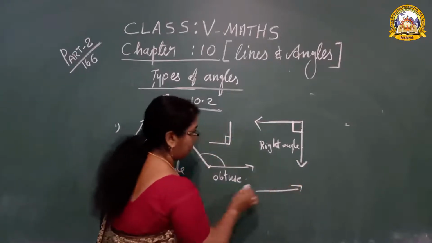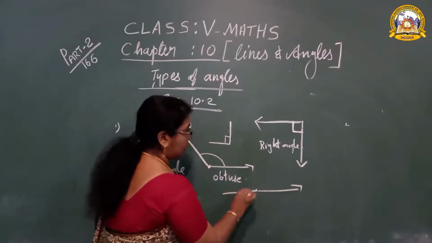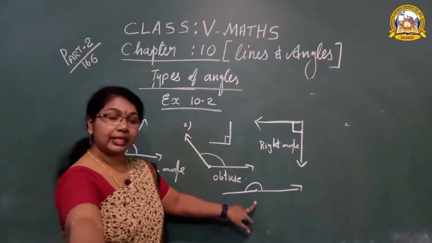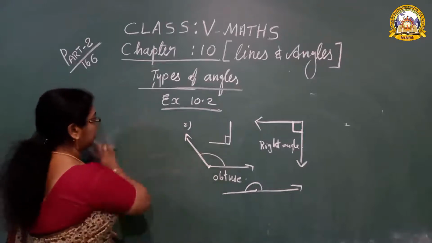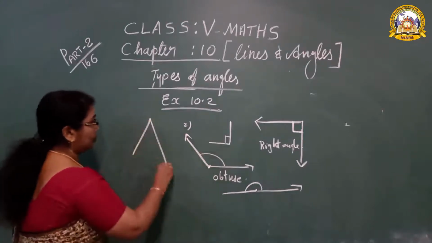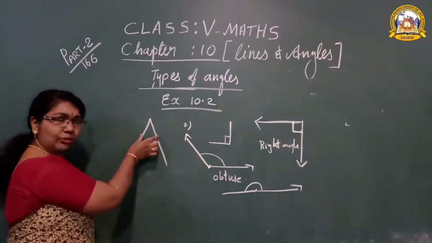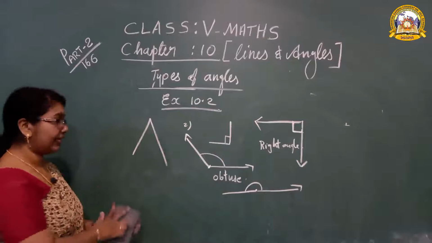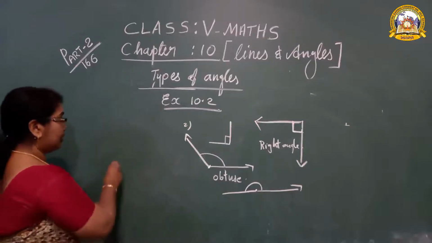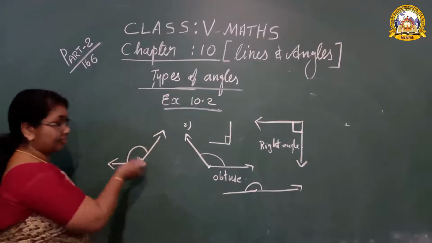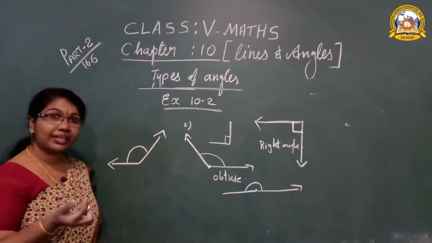Now look here. Yes, what's the name of this angle? Straight angle, 180 degree. Now, what's the name of this angle? Acute angle. Why? It is small measure, that means it is less than 90. Then, if it is given like that, can you say what type of angle?